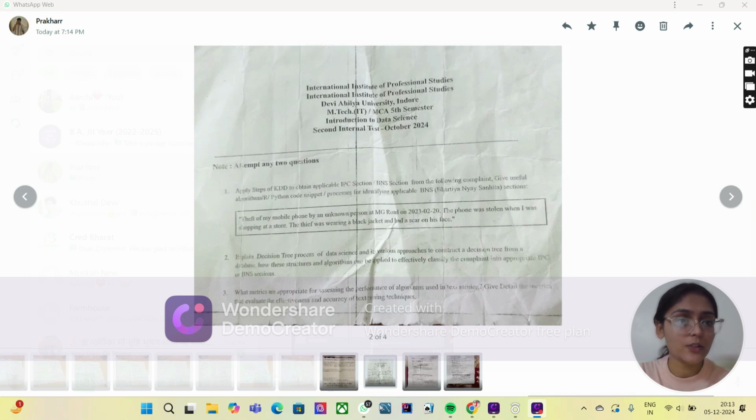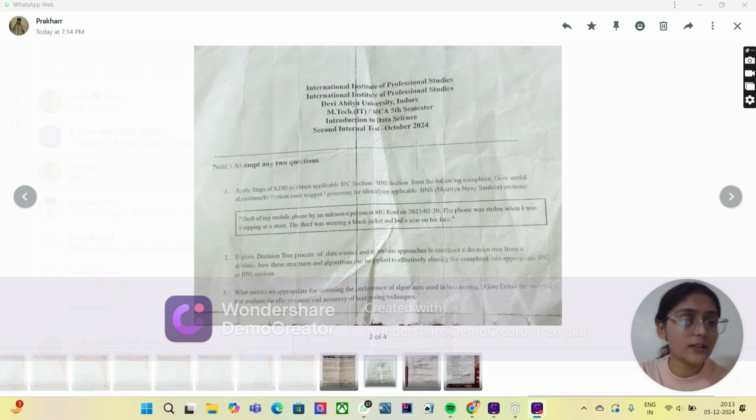Mean average precision, measures the average precision at each recall level. Area under the curve, measures the area under the ROC curve which plots true positive rate against false positive rate. Mean squared error, measures the average squared difference between predicted and actual values.